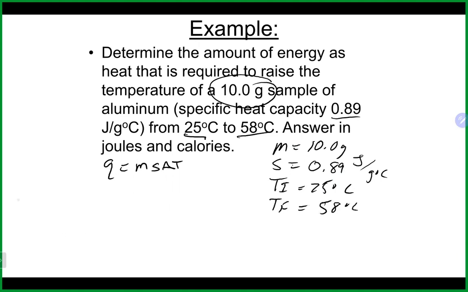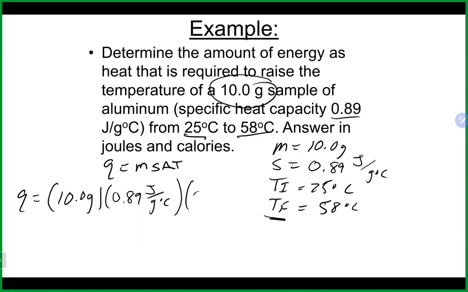So we really do have everything we need. So we'll go Q is equal to 10 grams times our specific heat capacity, 0.89 joules per gram per degree Celsius. Once again, we want to do final minus initial. So this is going to be 58 minus 25 degrees Celsius.